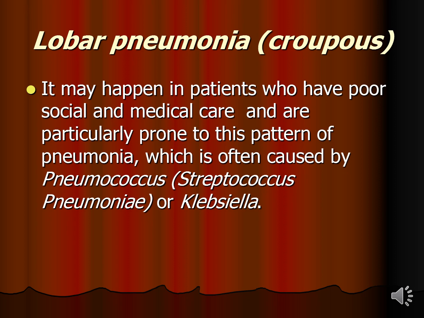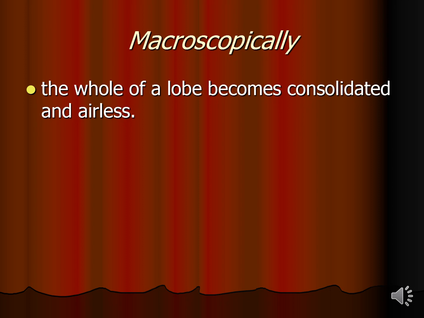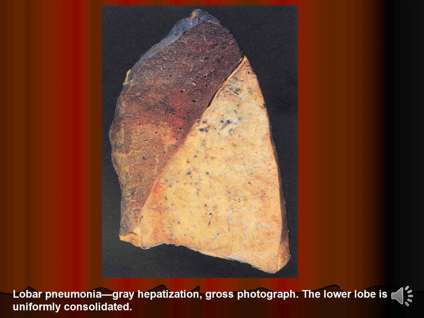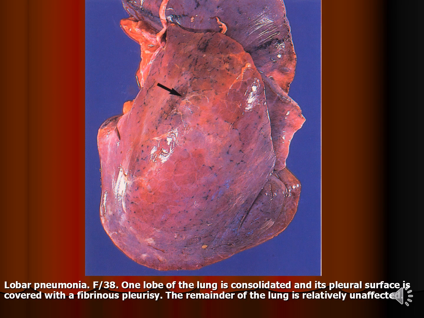But please remember, nowadays we can see the symptoms of lobar pneumonia in the severe course of COVID-19 infection. Grossly, we see the whole lobe becomes consolidated, and therefore it has the name hepatization, because the texture quite reminds one of liver texture.